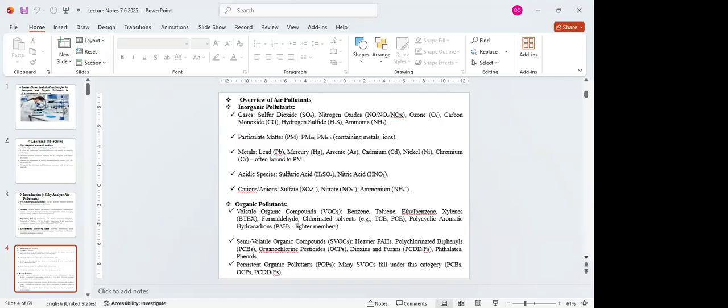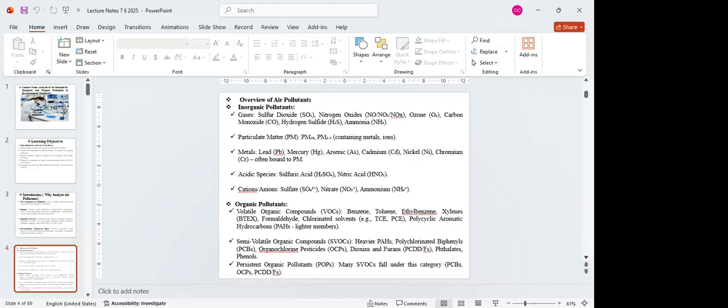The same thing happens with these acid species. So we also have the cation or anion species, where you find the sulfate, the nitrate, the ammonium species. These are all under inorganic pollutants.